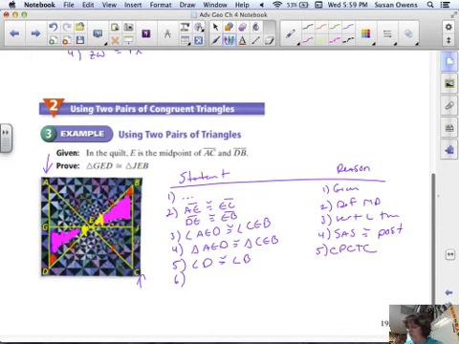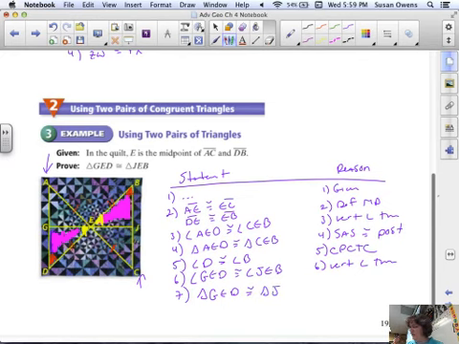So angle GED is congruent to angle JEB by vertical angle theorem. So now if I look at the pink triangles that I've labeled, I now have angle side angle for them, and I can say they're congruent. So I can say that triangle GED is congruent to triangle JEB, and this is by angle side angle congruence postulate.